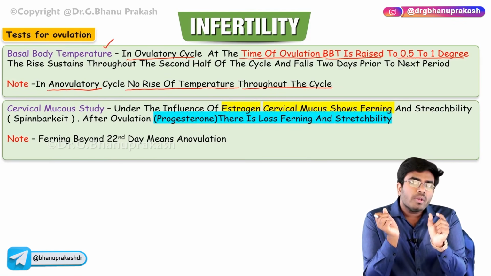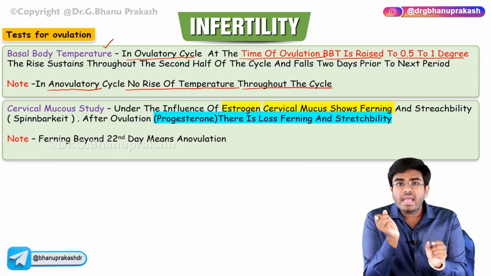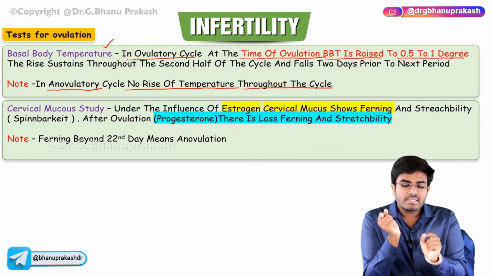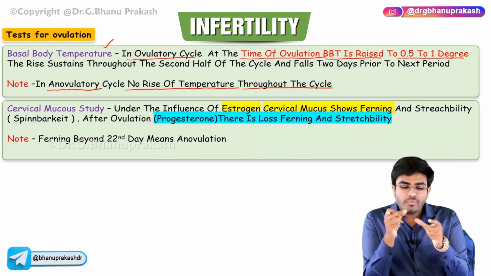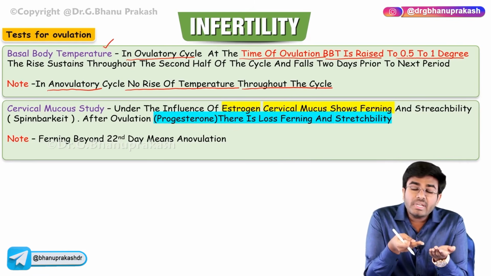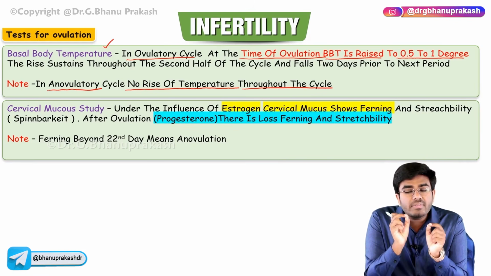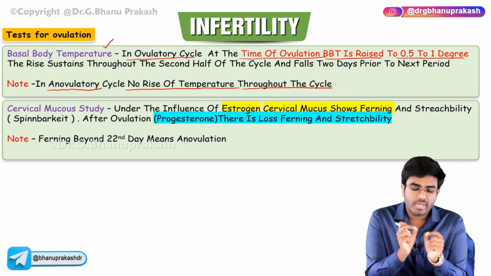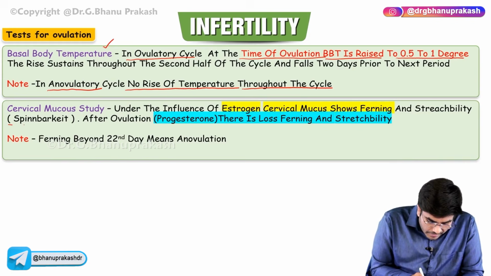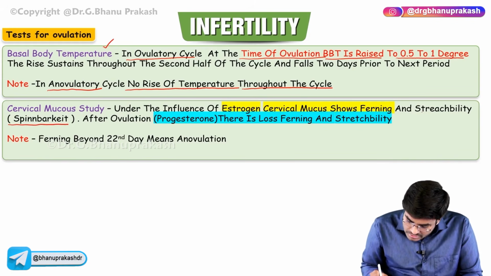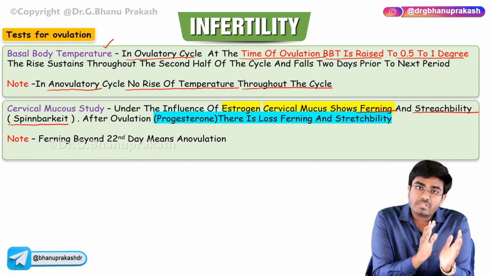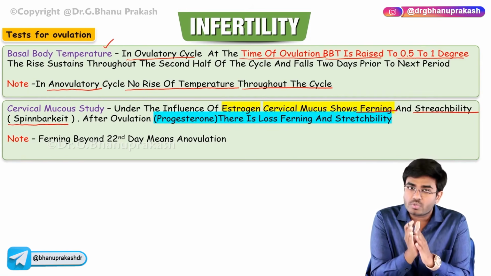In proliferative phase, under the effect of estrogens, the cervical mucus is more stretchable. If you put it under the microscope, this cervical mucus will show ferning or Spinnbarkeit. So important point is that Spinnbarkeit sign, stretchability and ferning are seen in the first half of the menstrual cycle under the effects of estrogens.